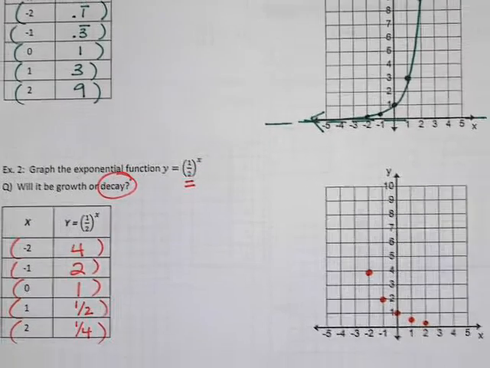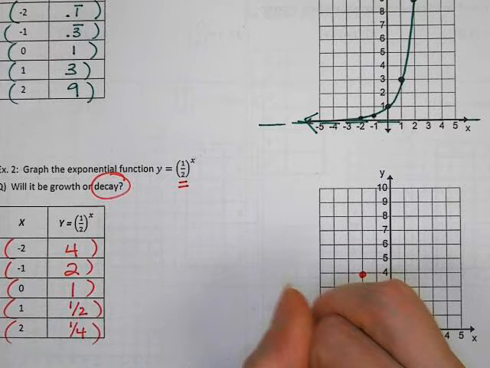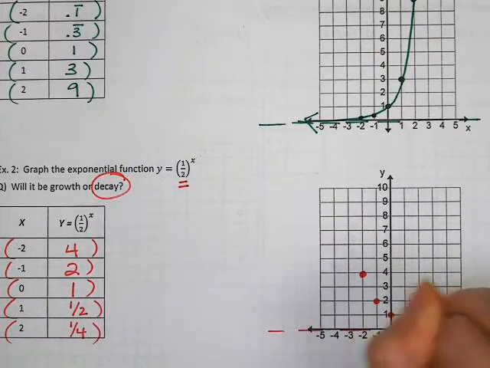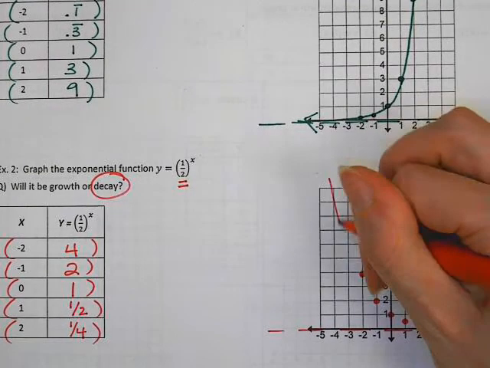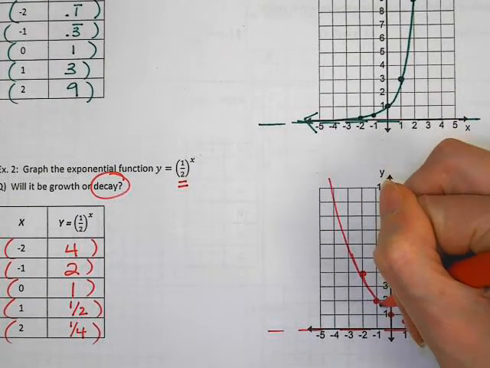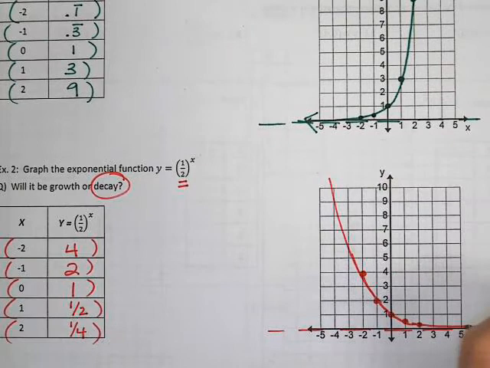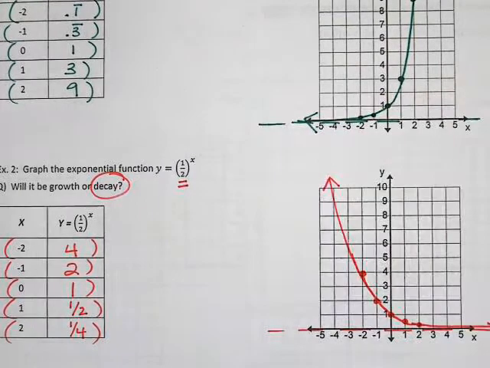Something like that. Remember, there's always an asymptote at 0, meaning you can never cross 0. And then if you connect the dots with a smooth curve, this would be a nice decay.